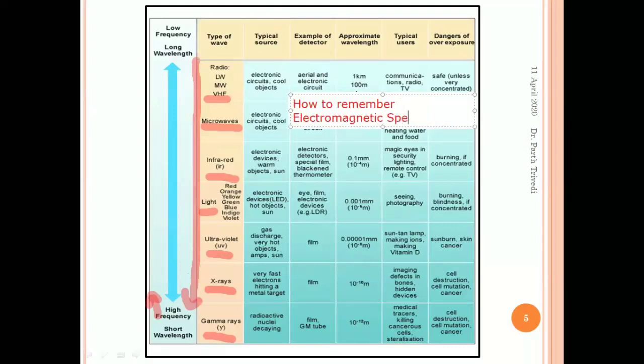It is very simple. When do you listen to radio? Just keep it in mind: you listen to radio when you are in low mood.